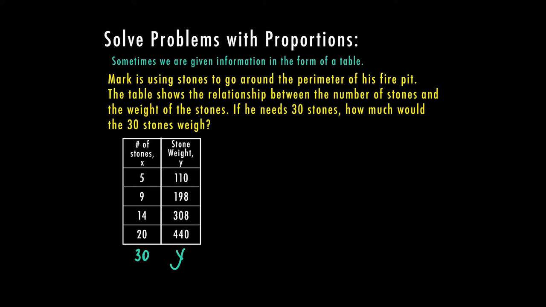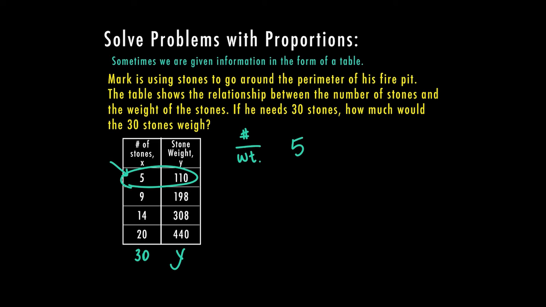Our proportion this time is going to be the number of stones to the weight of the stones. We'll keep our X on top and our Y on the bottom. I see that of these numbers in our X values, 5 goes into 30 evenly. That's going to be my easiest conversion. So I'm going to use the 5 and 110 in order to set up my proportion.